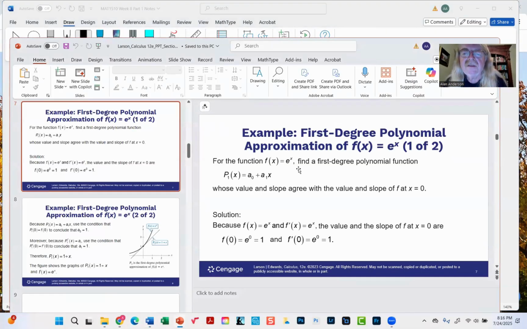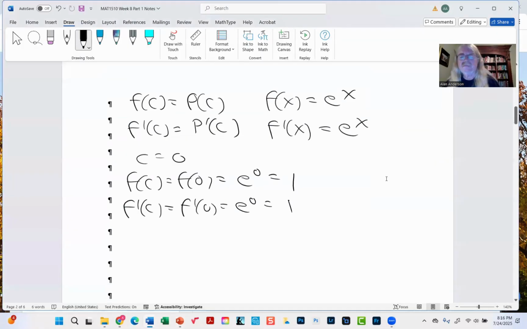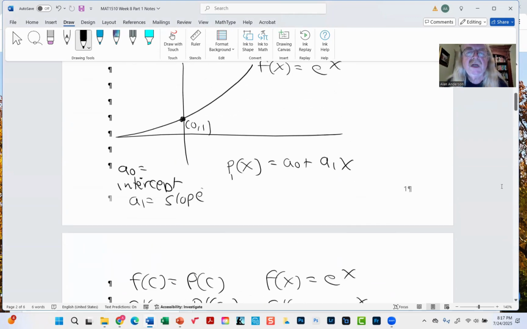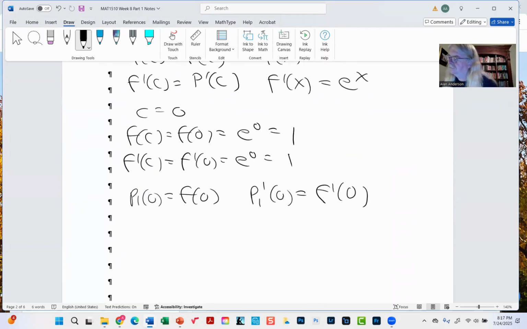So therefore, in order to find the coefficients of our polynomial, we have to show that first these are equal, and then secondly, these are equal. All right, so P1 of 0, here it is up here. Let's move this down here. P1 of x equals a0 plus a1x.